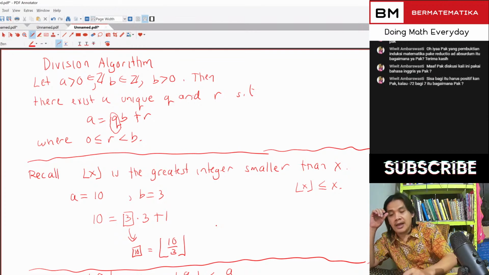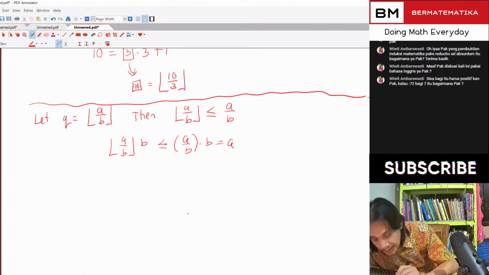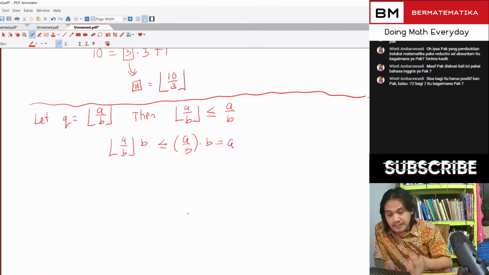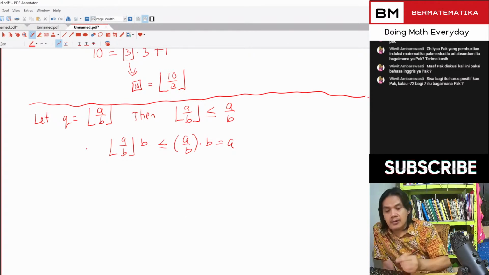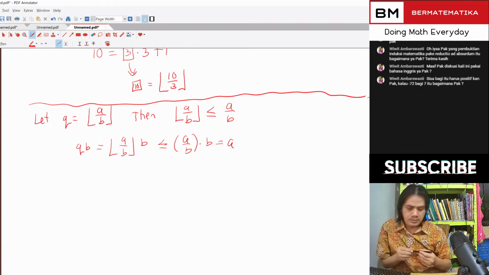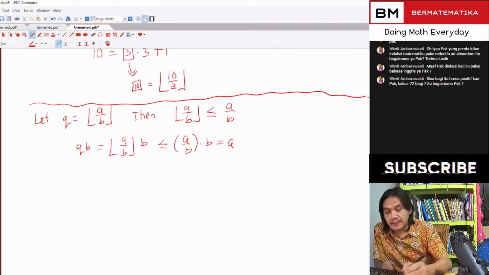So we know that a is bigger or equal to this one, right? This is equal to qb. Let's leave it like this first, okay?